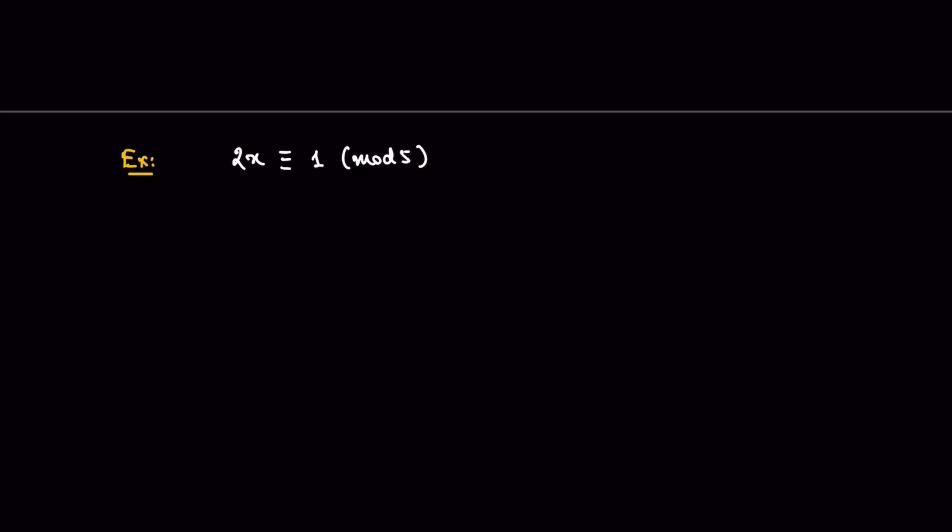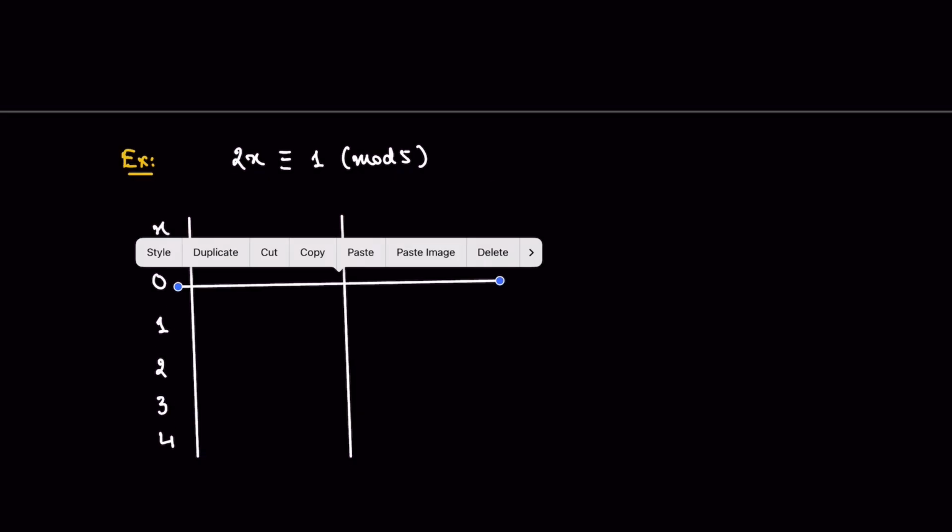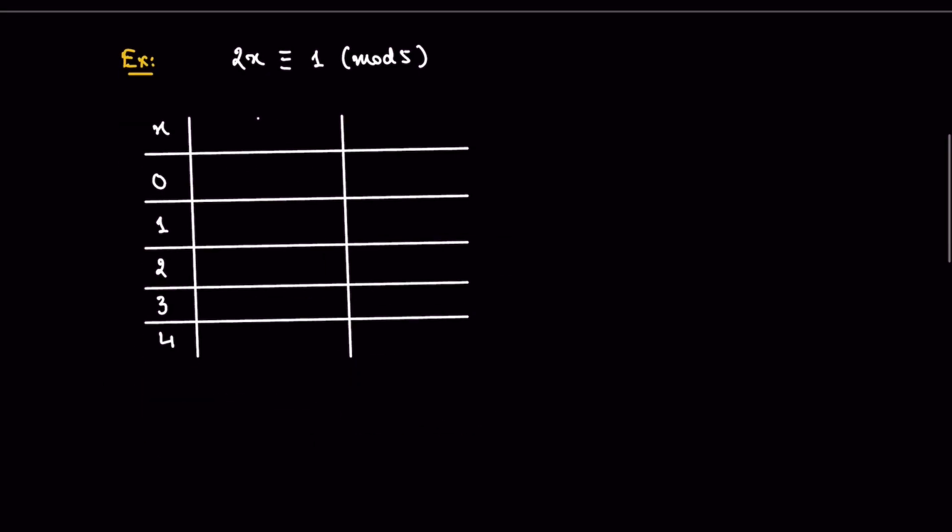So what you do is set up a table with multiple columns. The first column is the value of x. Because we are dealing with mod 5, the values of x that we consider are 0, 1, 2, 3, and 4. Now you calculate 2x, and the next thing you do is calculate 2x mod 5.